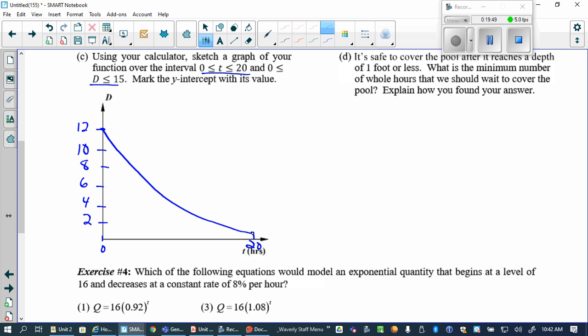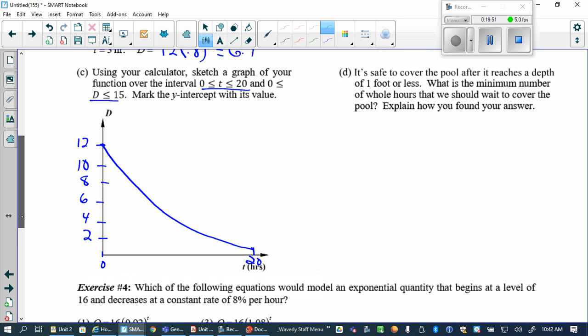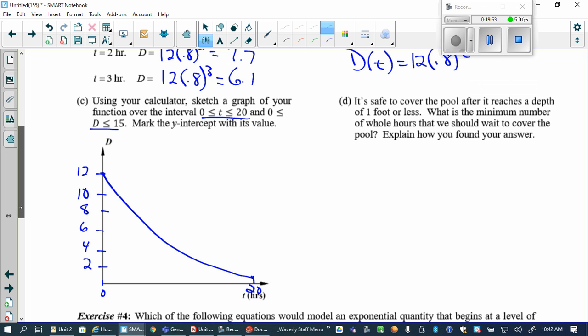Let's look at the follow-up question real quick. Safe to cover the pool when it reaches a depth of 1 foot or less. How many hours? So we need to figure that out. An estimate, I think it's that many hours. Let's do a table. So time in hours, depth.